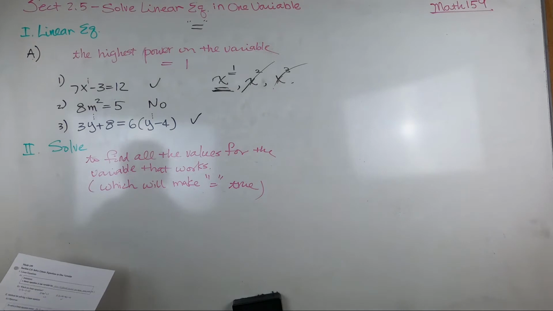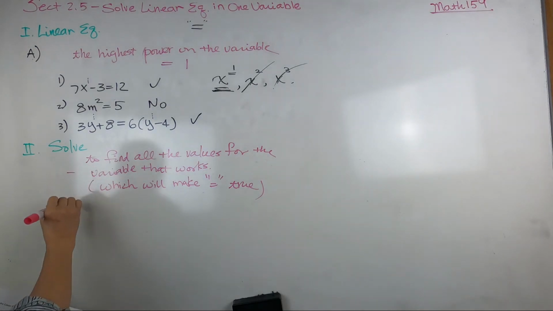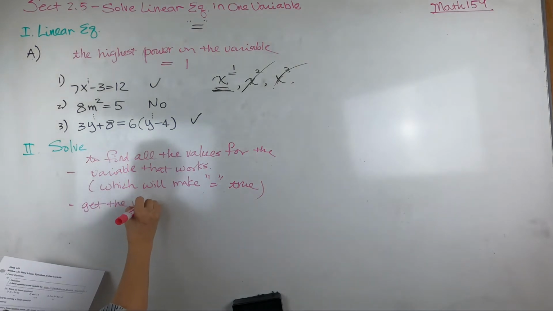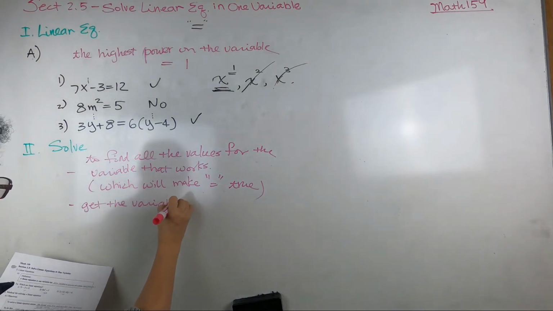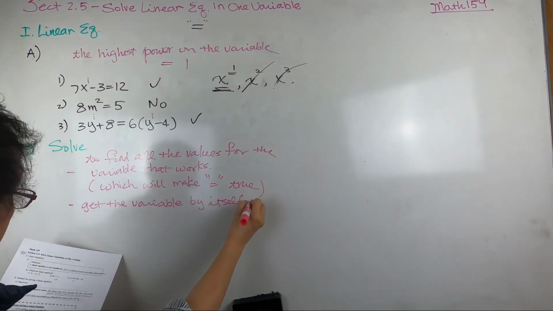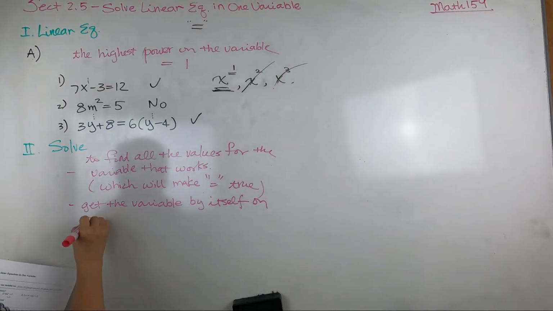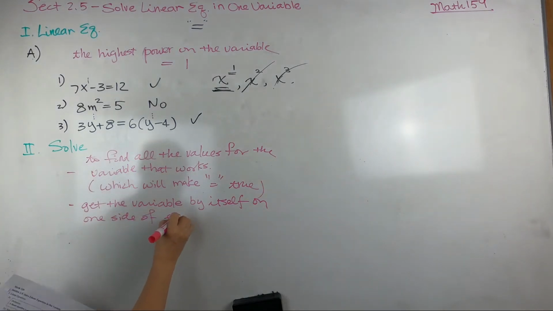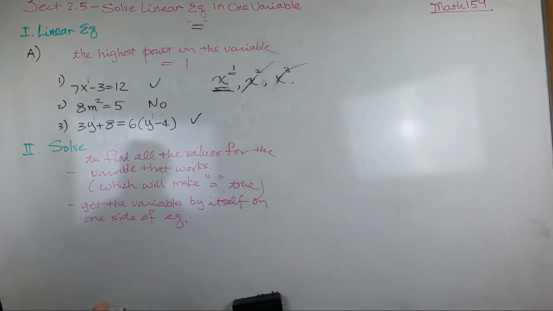And to do this, the method we call is to get the variable by itself on one side of the equation. We want to find the numbers that will work.